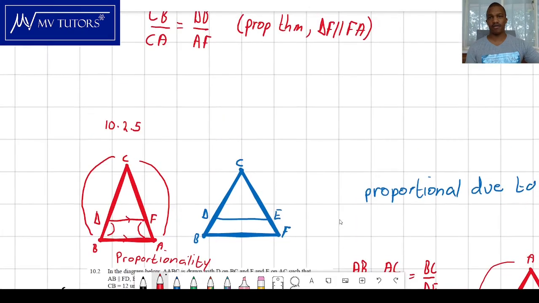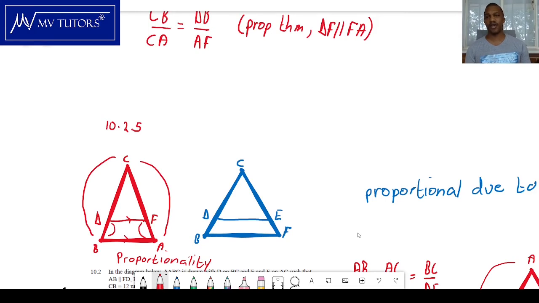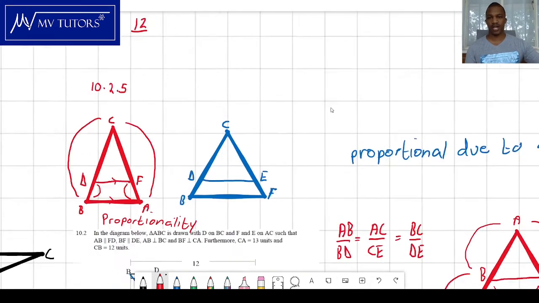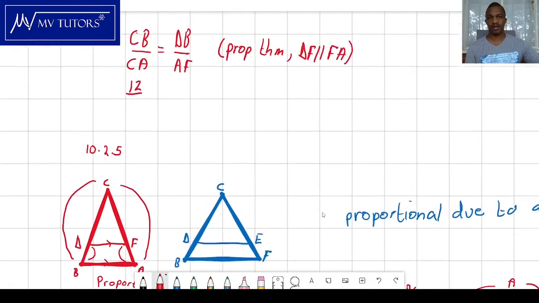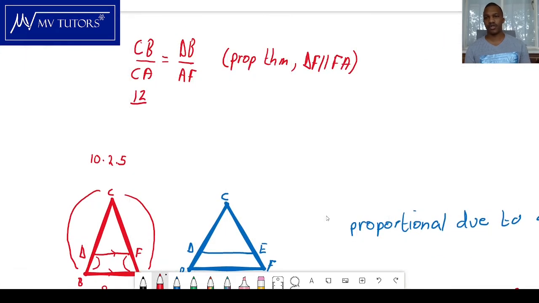CB is 12. So then we can say 12 divided by CA. Let's go check out CA. CA is 13. So we'll put that 13 over there. It's equal to dB. We don't have the value of dB, so we'll leave it as dB divided by AF.